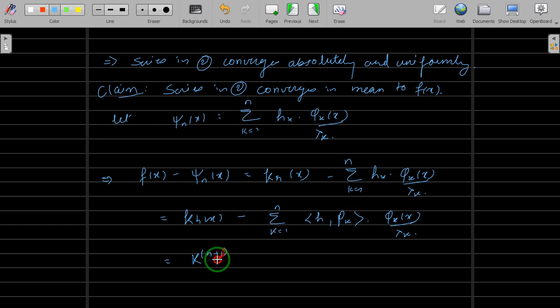We have used the notation T_{n+1} as a superscript for the truncated kernel, and this entire thing is the definition of the truncated kernel for Kh(x).